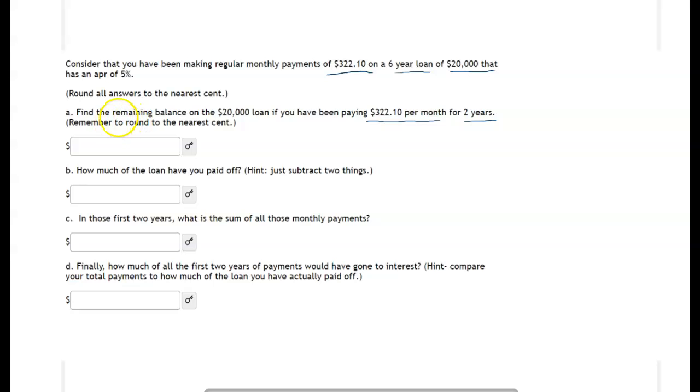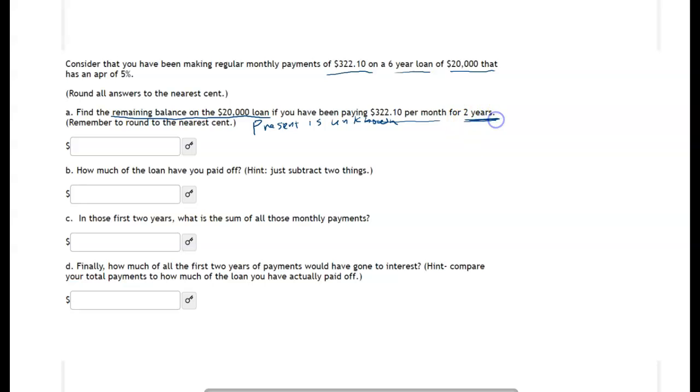So this is asking us to find the remaining balance on the $20,000 loan. The loan amount is no longer $20,000. The loan amount is unknown, so that is the present value, and it's what we're looking for in this problem. We do know the payment.